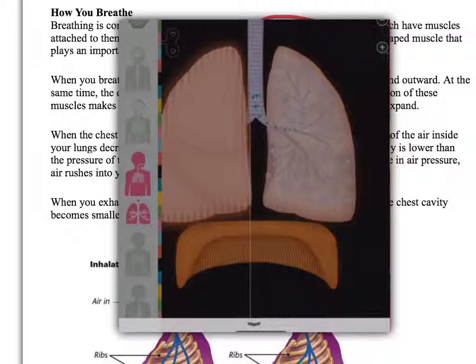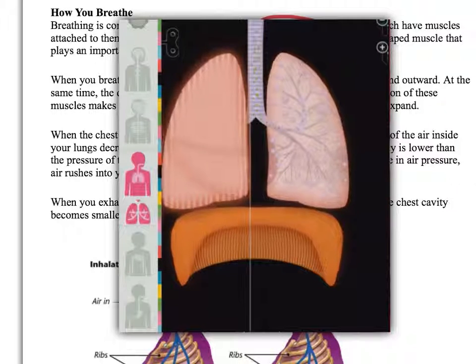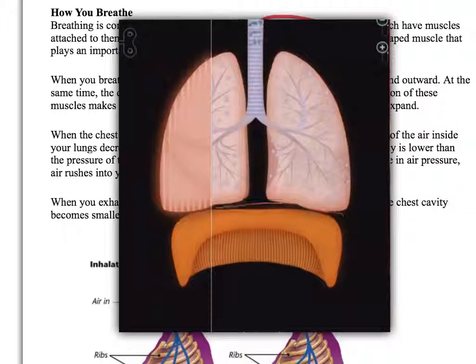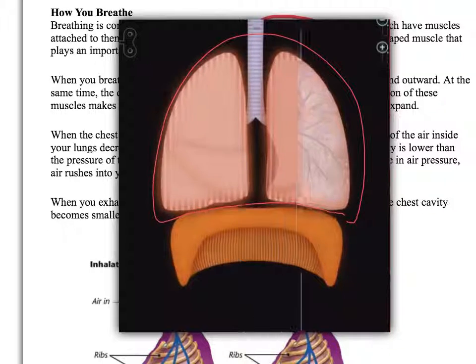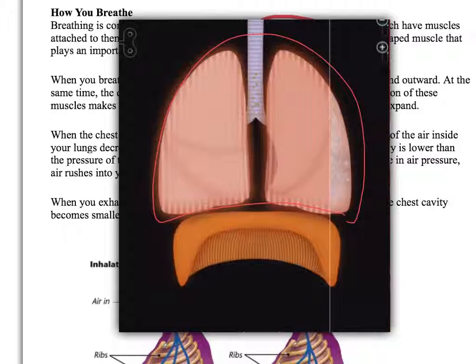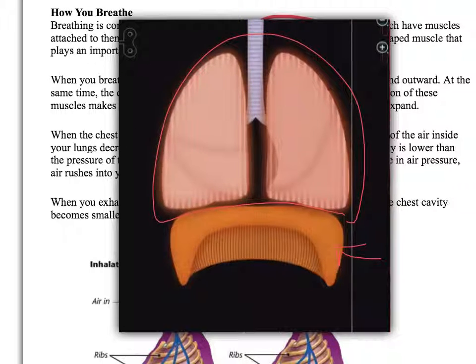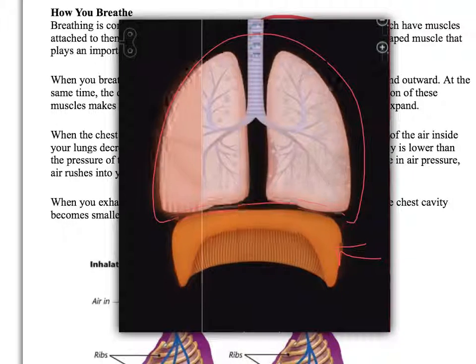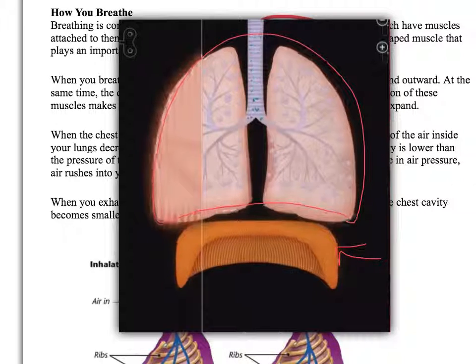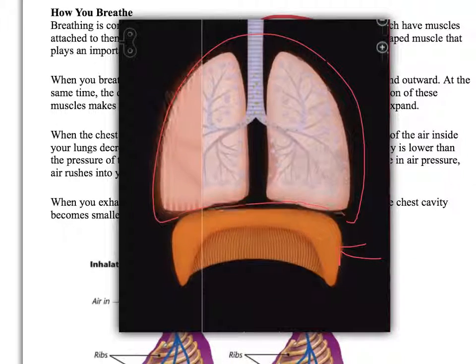As the diaphragm contracts, the volume of the chest increases, allowing air in, and as the diaphragm relaxes, it decreases the volume of the chest cavity and air rushes out. We will continue to look at this in a lot more detail this week.